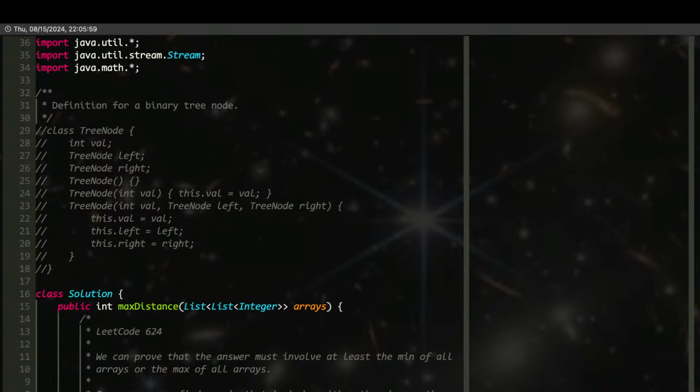If the actual min is not in the same array as the actual max, then we have the actual min and actual max forming the biggest distance. Either way, we can show that at least one of the actual min or actual max must be in the max distance pair.